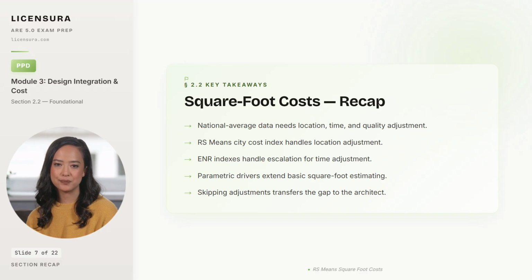Parametric drivers, perimeter, floor area, number of floors, floor-to-floor height, window-to-wall ratio, and program mix extend basic square foot estimating to capture cost movement that simple total area methods miss. And skipping the adjustments transfers the cost gap directly to the architect, who personally absorbs the difference when bids come in higher than the unadjusted estimate.